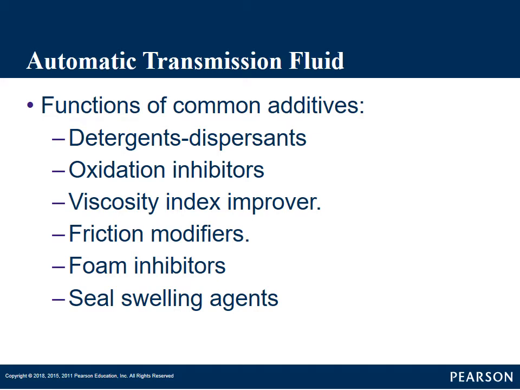We need to make sure we have the proper friction modifiers in our transmission fluid, and we'll talk about transmission fluid and its relationship to the transmissions that we're putting in. In other words, we want to make sure we're putting the right fluid in the right transmission.